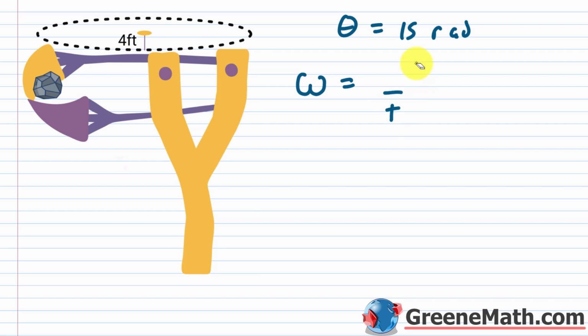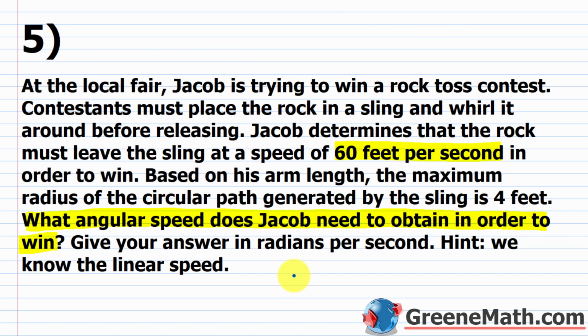So really, I could just plug in 15 radians here and then plug in 1 second here. So your omega, one more time, is just going to be 15 radians per second. So a real easy problem to solve. So we'll just come up here and just answer this in line. So I'll just say omega, which is the angular speed that Jacob's going to need to obtain in order to win. This is going to be equal to 15 radians per second.